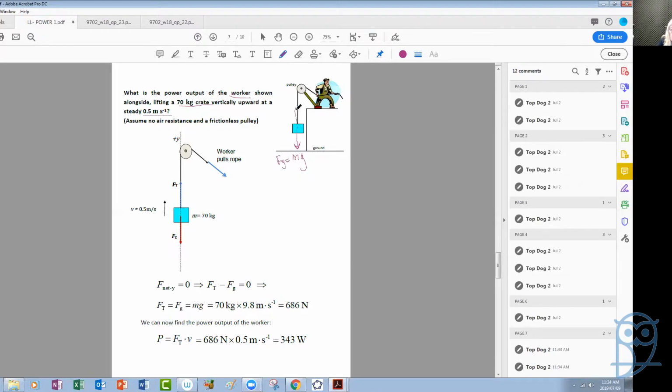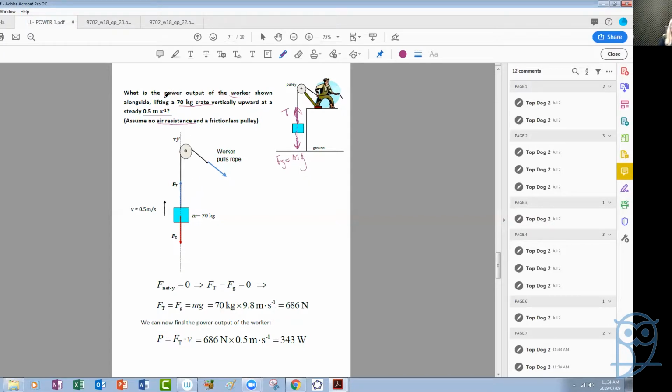It's the tension from the rope, this rope here, let's call it tension force. And since the crate moves at constant speed up, the tension and the weight balance each other out. They're exactly equal and opposite. And there are no other forces acting because we assume no air resistance, and the pulley is frictionless, it doesn't matter. All right, so here are two forces. Here I have them again clearly.